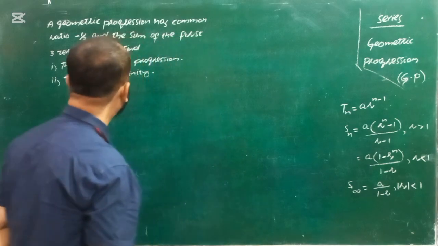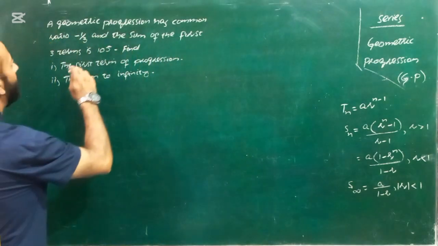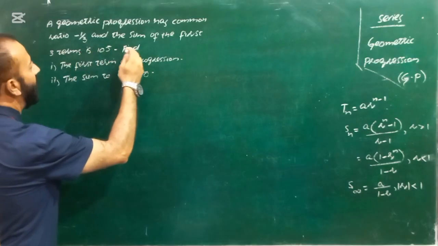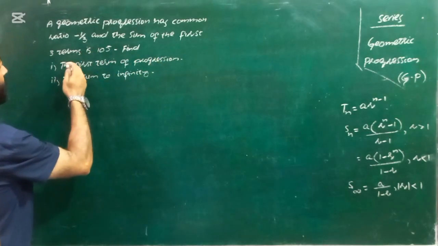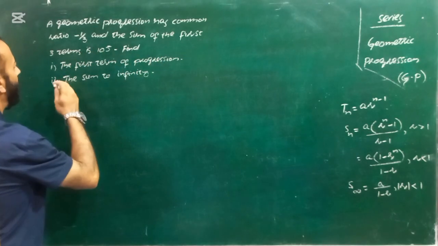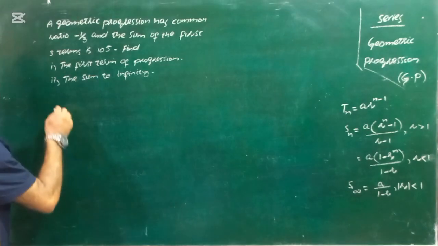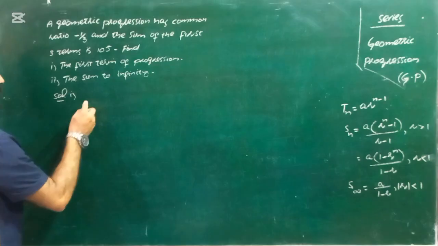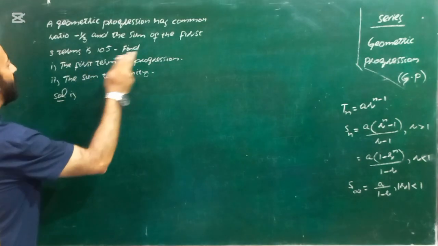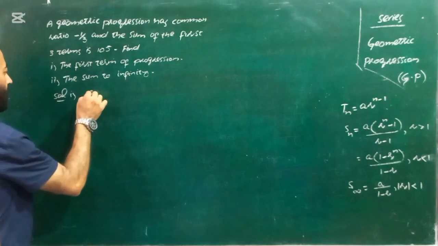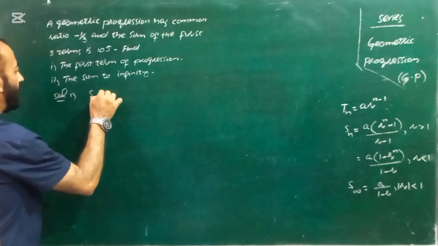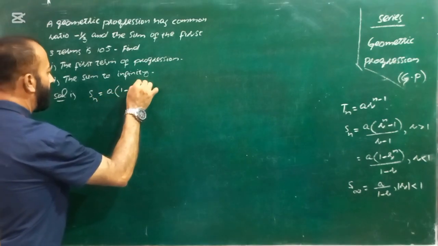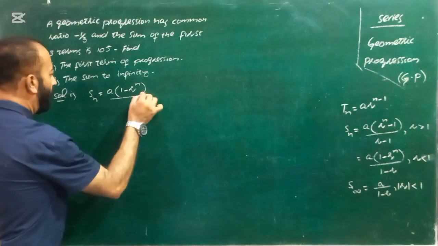So look here now. A question is here: a geometric progression has common ratio minus 1 by 3 and the sum of the first three terms is 105. Find the first term of the progression. So look now. Solution, first part. Because the sum of the first three terms is given, Sn is equal to A into (1 minus r^n) over (1 minus r).